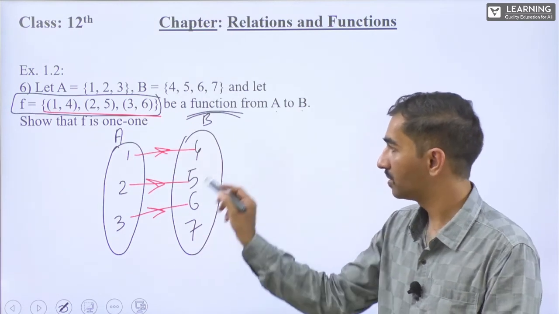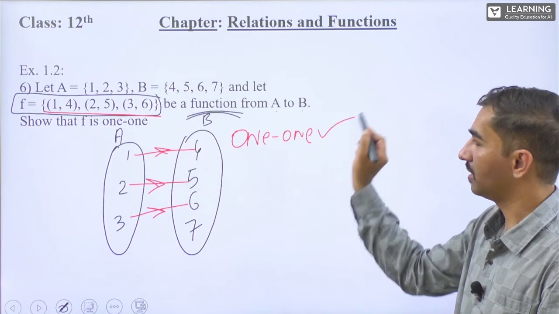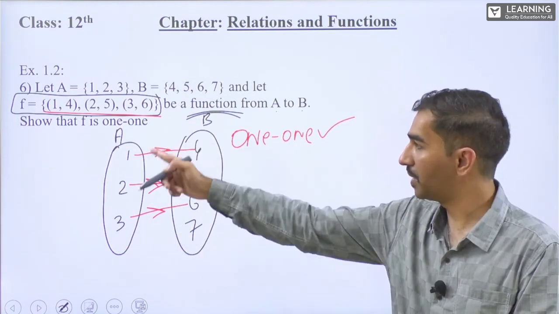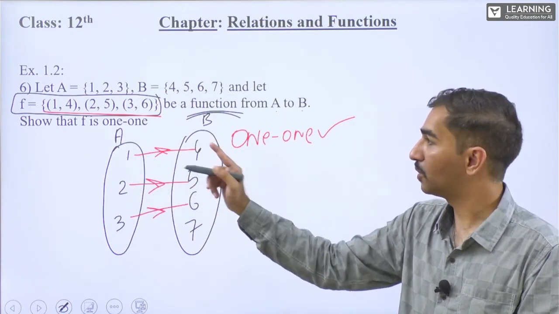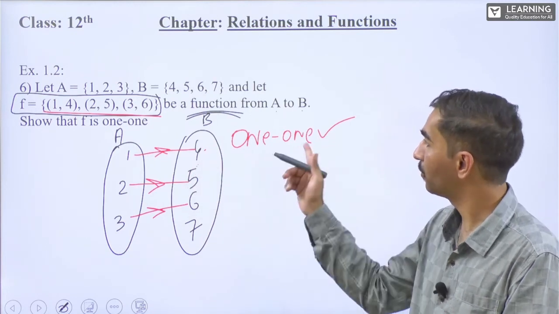Is this one-one? Yes. Why? Because all the elements of the domain have distinct images in the codomain, the y values. Okay, so therefore it is one-one.